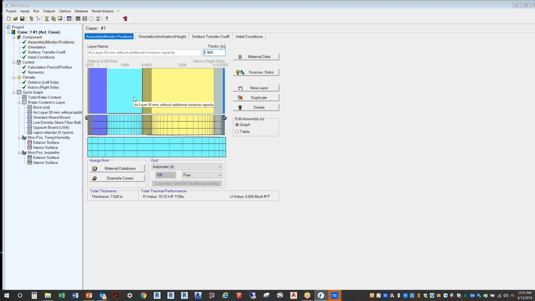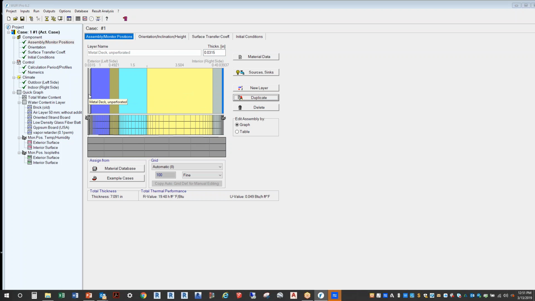And then we have the airspace. We'll make that 1.5 inches. And then we have strand board. Actually, the strand board would be up with the insulation, wouldn't it? Airspace. And we would have another metal deck, wouldn't we?